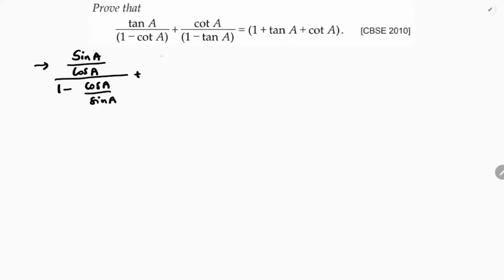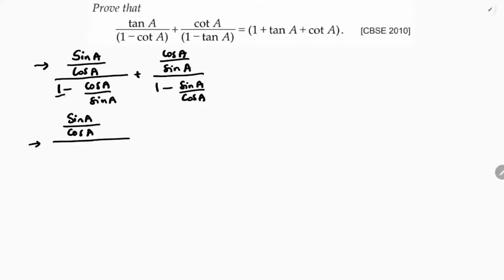Plus cot A is cos A by sin A, cot is cos by sin, and 1 minus tan is sin A by cos A. Here, one more step, I'll take the LCM.